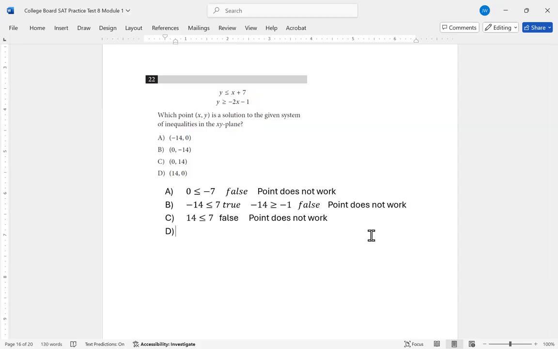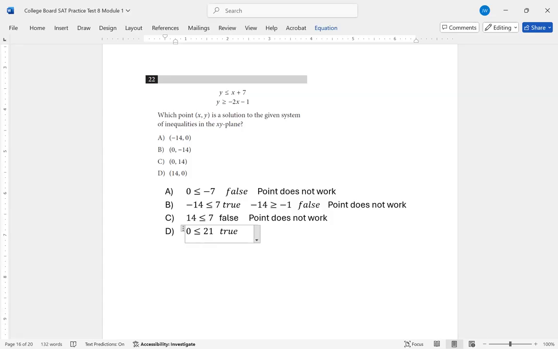And so lastly, let's try D, (14, 0). If you plug in (14, 0) into the first inequality, we get 0 less than or equal to 14 plus 7. 14 plus 7 is 21. So that's a true statement.